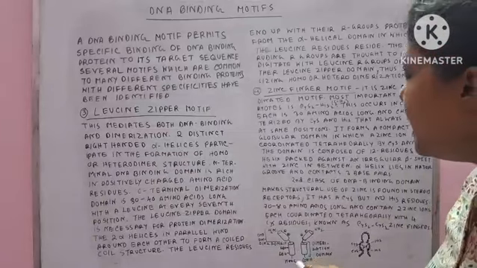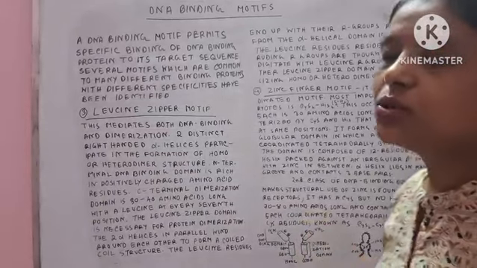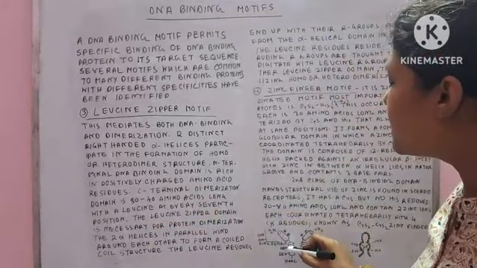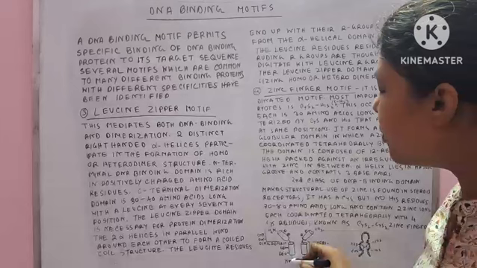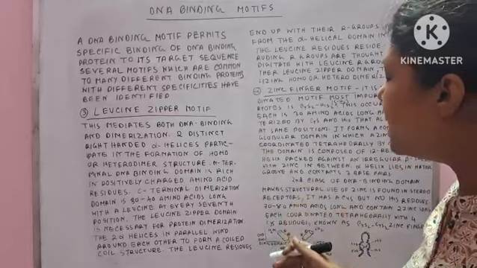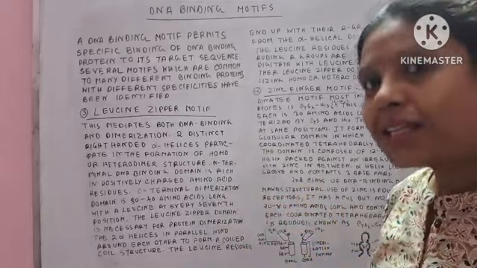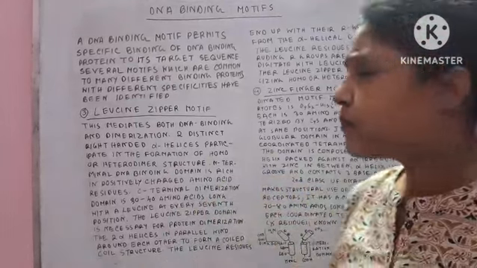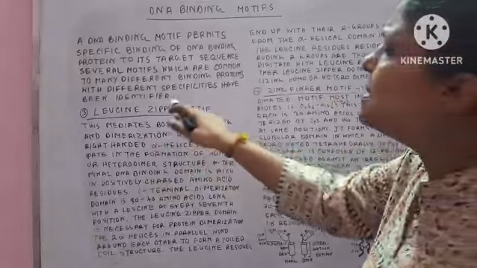Clear? So these R groups of the leucine domain are important because they attach to the R groups of another domain, forming a stabilized structure. So this is the leucine zipper motif.